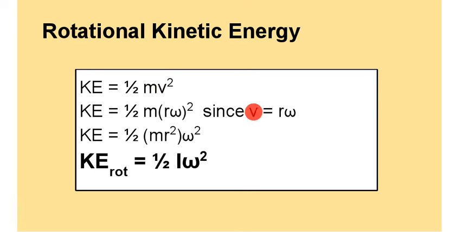Well, if we remind ourselves that velocity is r omega, and I pick up r omega and put it in right here, when I square that, I would get mass radius squared omega squared, the 1/2 still out front, and I take this mr squared right here, and that turns into I. So this thing, there's my 1/2, mr squared is the I, there's omega squared. Now I have a new formula, this thing, that tells me how much this would be the kinetic energy of a rotating object.